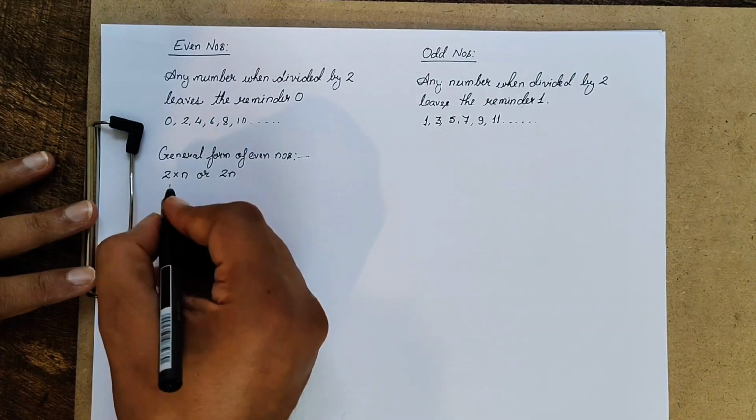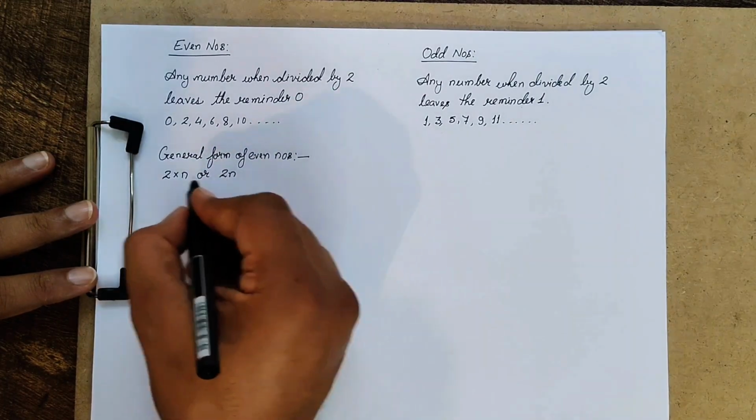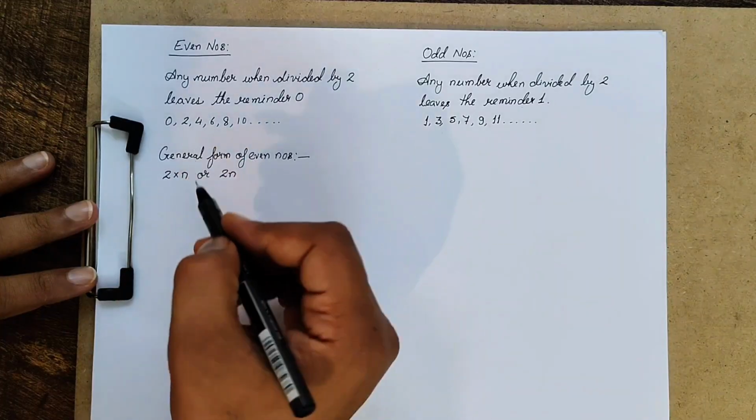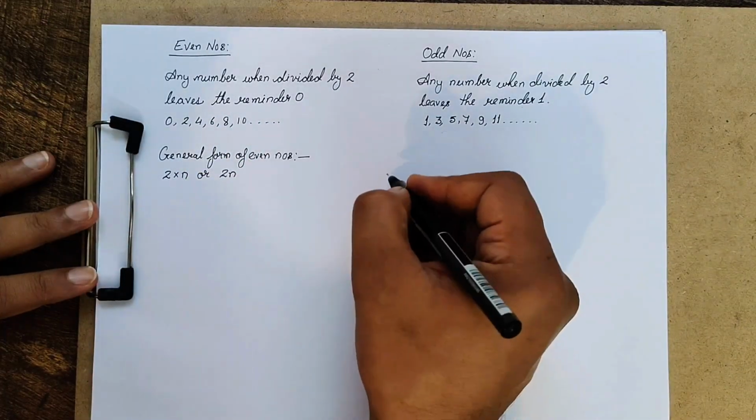So 2 into 0 is 0, 2 into 1 is 2, 2 into 2 is 4 and so on.